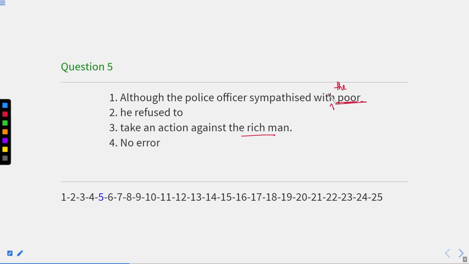So before poor, we need to write the. So the correct sentence will be: although the police officer sympathized with the poor, he refused to take an action against the rich man. So the error is in the first part of the sentence, in part 1. Okay, so our answer will be part 1 of the sentence.